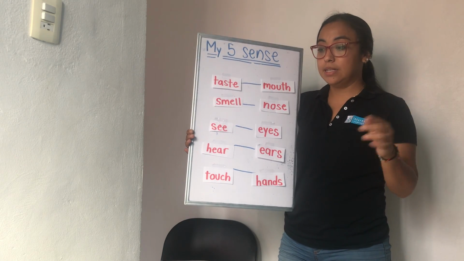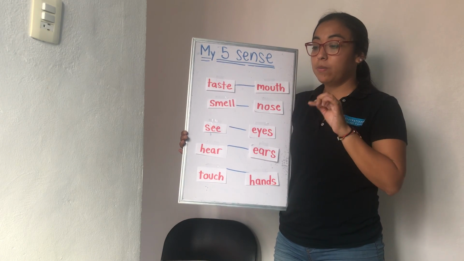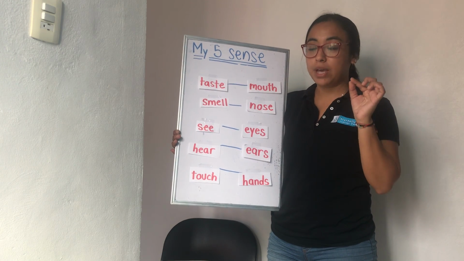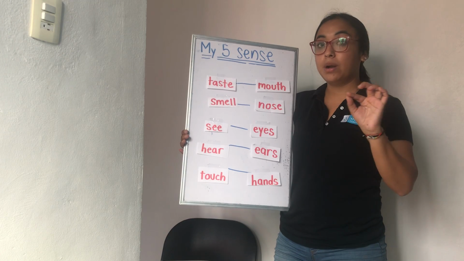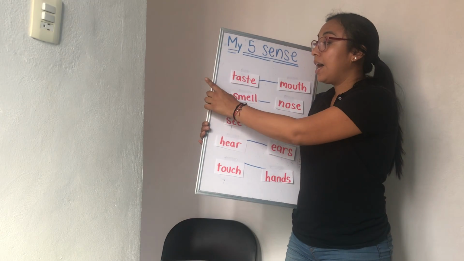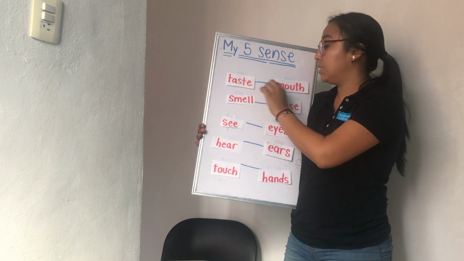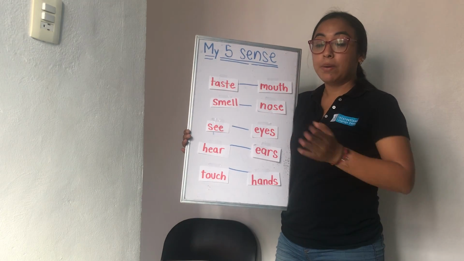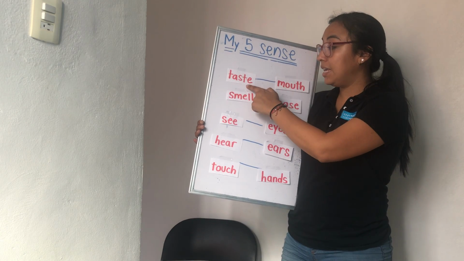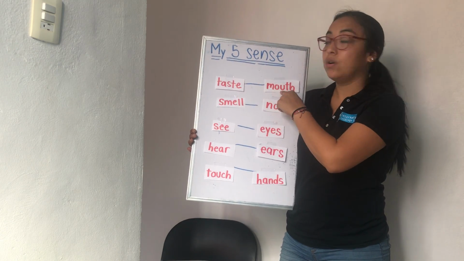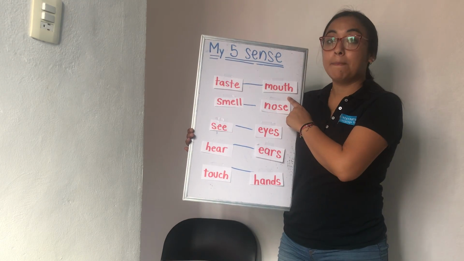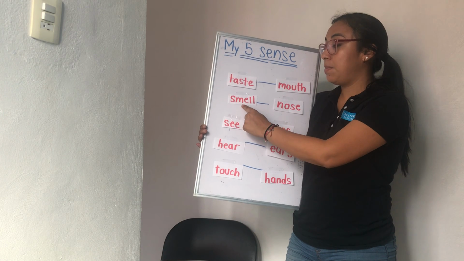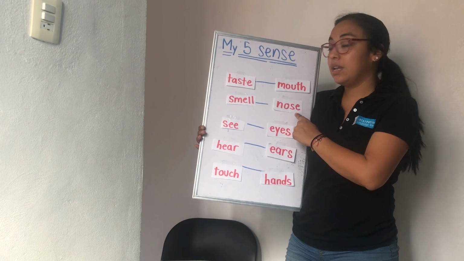Now, what's gonna happen? Ahora, ¿qué va a pasar? So we say this, as you can see in your book, como pueden ver en su libro en page 32, you can see some sentences. Pueden ver unos enunciados que dicen, I can taste with my mouth. O también puede ser, I taste, yo pruebo con la boca. I taste with my mouth. I smell with my nose.